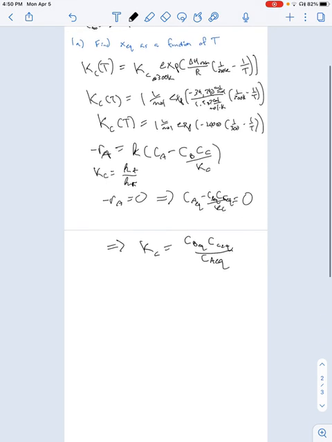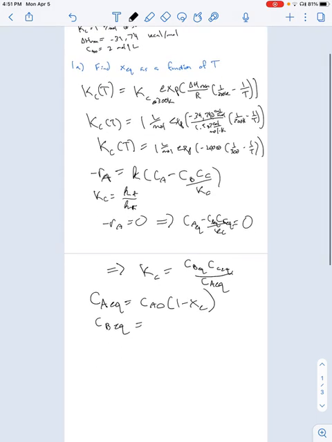Now we need to determine what these equilibrium concentrations will be in terms of the equilibrium conversion. We're fed pure A, so Ca equilibrium is going to be Ca0 times 1 minus Xe. For Cb equilibrium, no B is fed and it's a 1 to 1 stoichiometric ratio with A, so Ca0 times Xe.